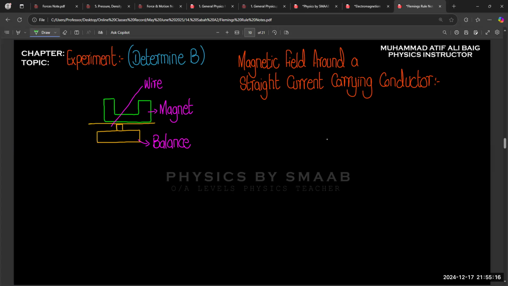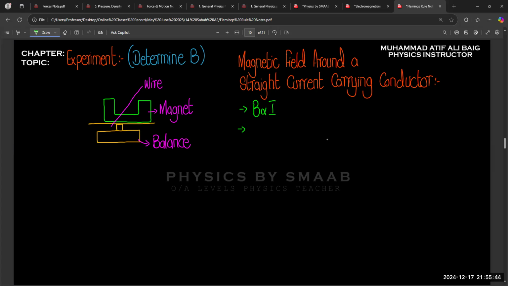So a straight current-carrying wire, just like we discussed in the right hand grip rule. There is a straight wire, and it generates a magnetic field around it. So B is directly proportional to I; the magnetic field is directly proportional to the electric current.